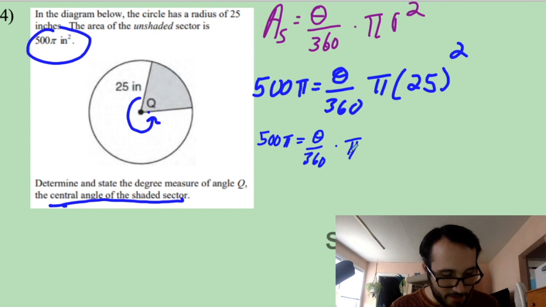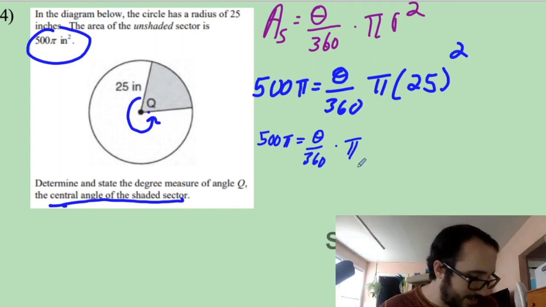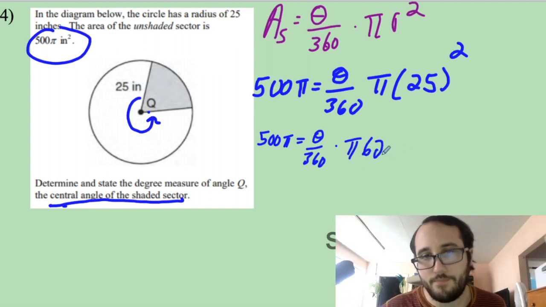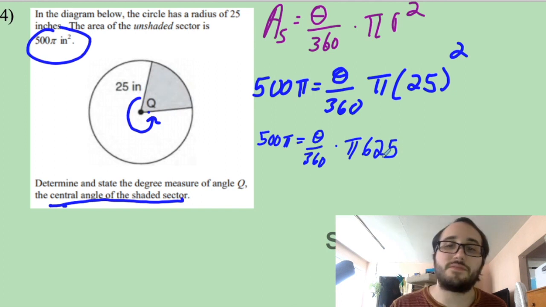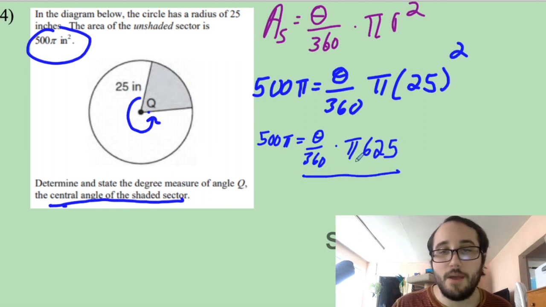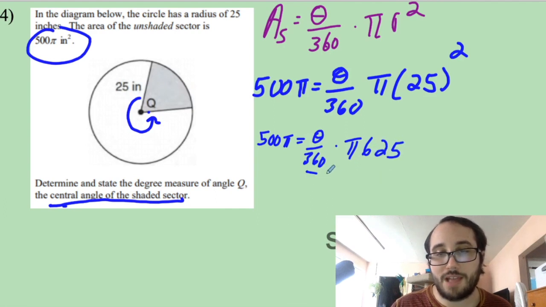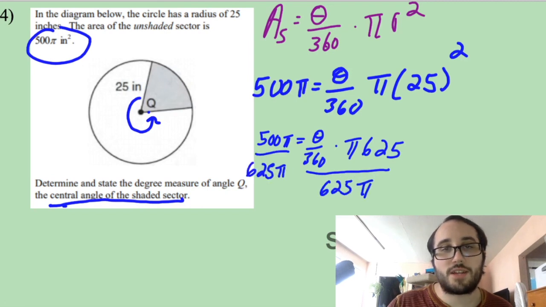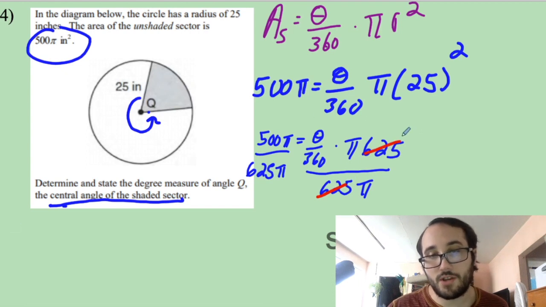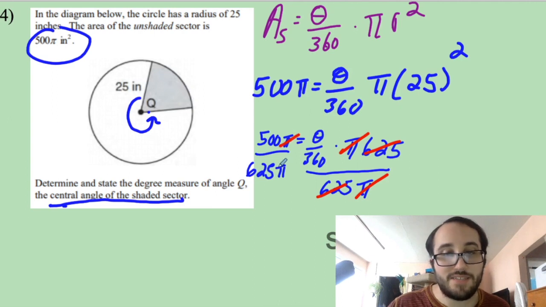I just want to double check, 25 squared is 625. I can divide both sides by 625 pi, and check this out. This divides this, so that's 1, so that goes away. Pi divided by pi is 1, that goes away. Pi divided by pi is 1, and this is what you're left with.